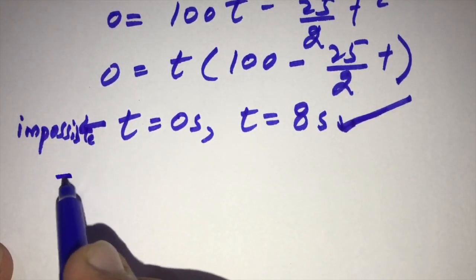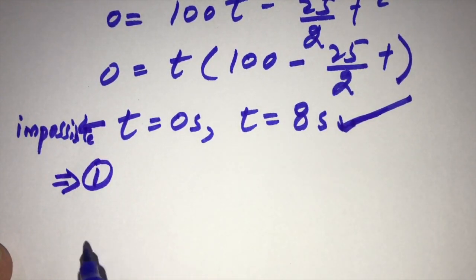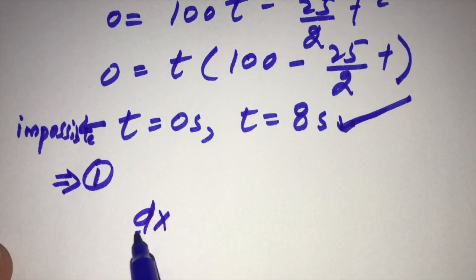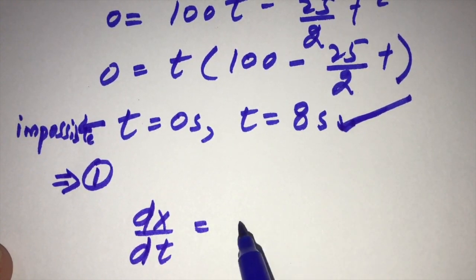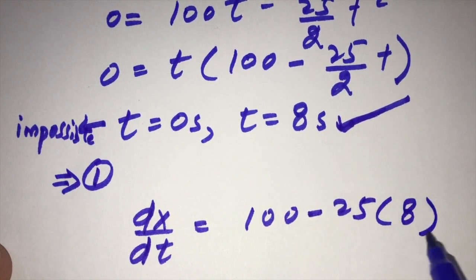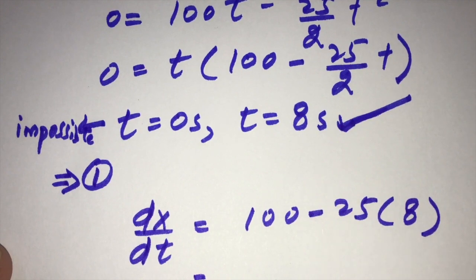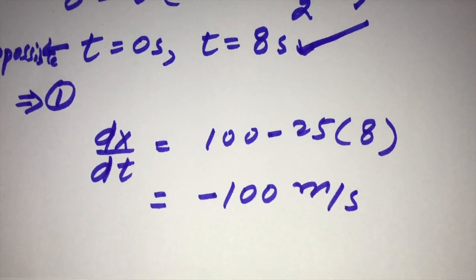From equation 1, put time here, dx by dt is equal to 100 minus 25 into 8, which is equal to minus 100 meter per second. It shows the negative sign, which means that the direction is opposite.